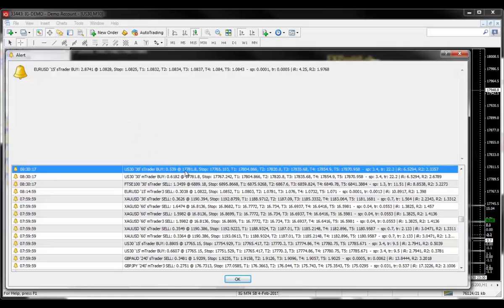Entry price 17781. Stop price 17765. T1 17804, T2 17820, T3 17835, 17854 is T4, 17870 is T5, so that's what we're looking at.